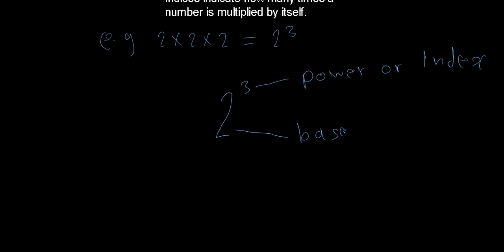If we have m, which can represent any number, to the power x, then our m is our base and our x is our power or index.